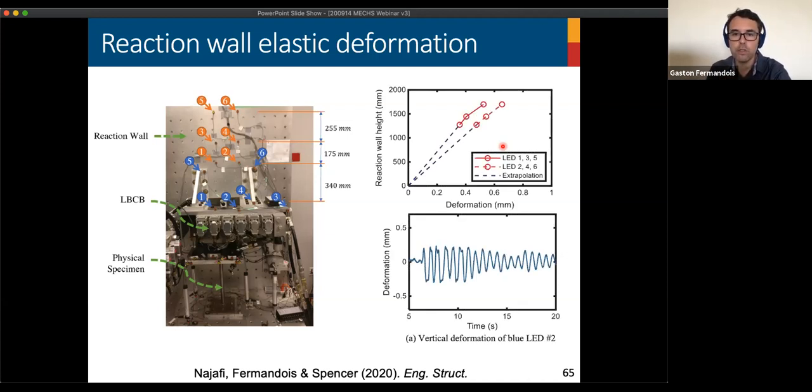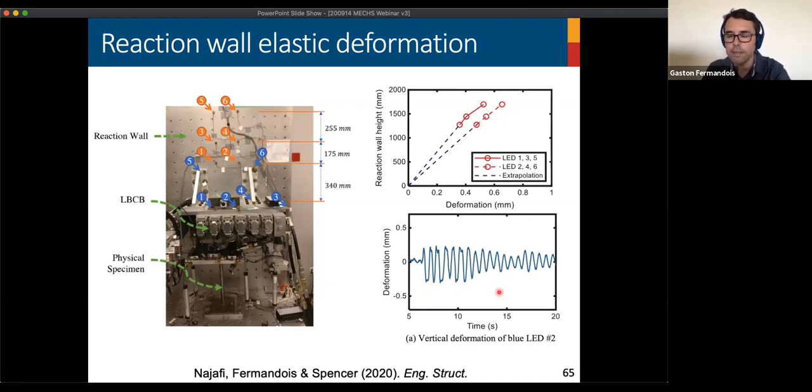So these figures show the off-plane displacement of the orange LEDs over here. And we can see that the orange LEDs have basically deformations out of the plane that were no higher than 0.6 millimeters.